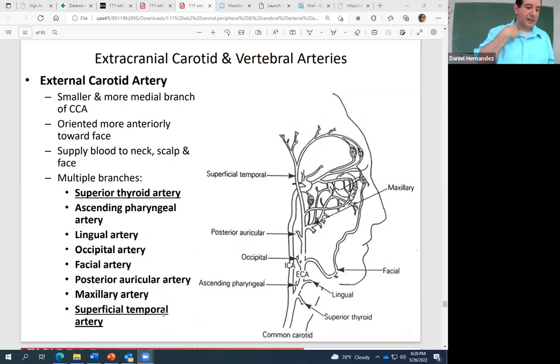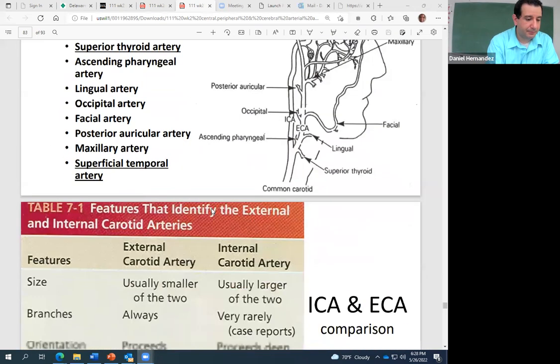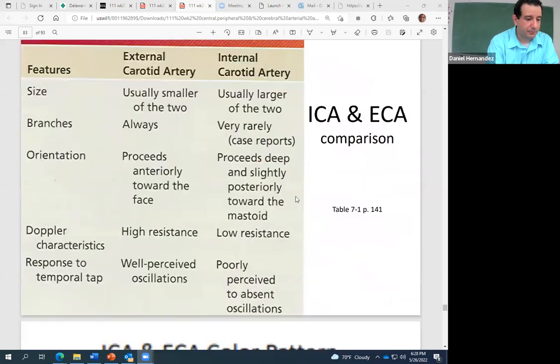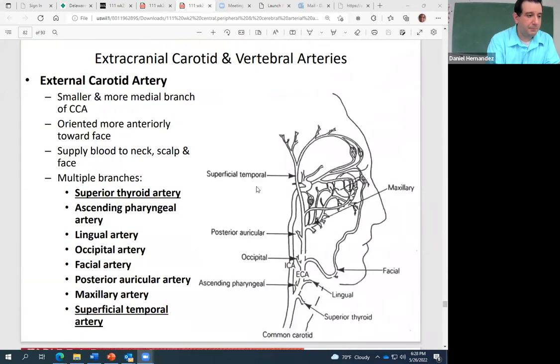So during the diastolic component of that waveform, we'll be able to see little spikes or little oscillations in that waveform from us putting that tapping pressure on that superficial temporal artery. Like I said, ultimately, the real way to differentiate between these two is to Doppler.